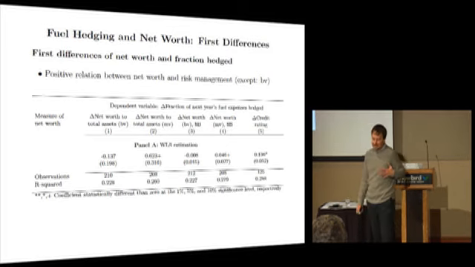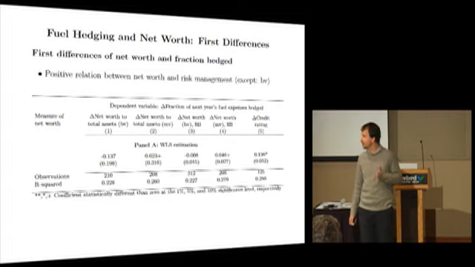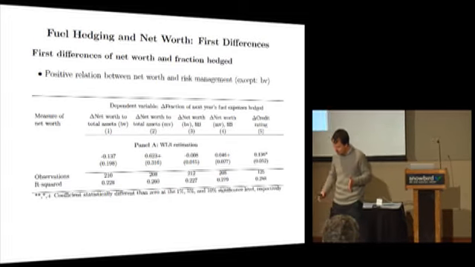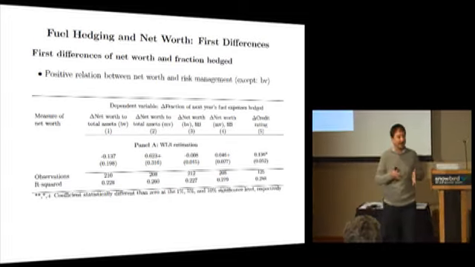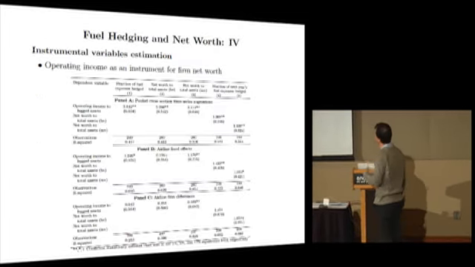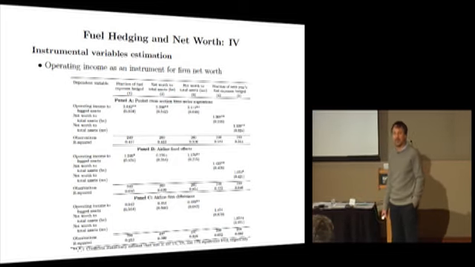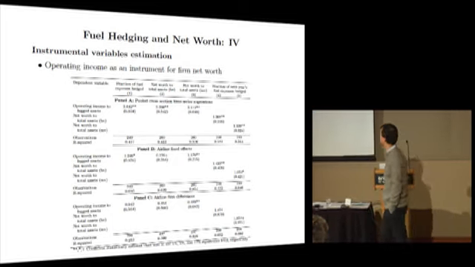So in the model, net worth is predetermined. So the right way to run the regression is to think about risk management being determined by net worth. But you might still be concerned about the endogeneity of net worth. So one way we try to address this is by using operating income essentially as an instrument for net worth.